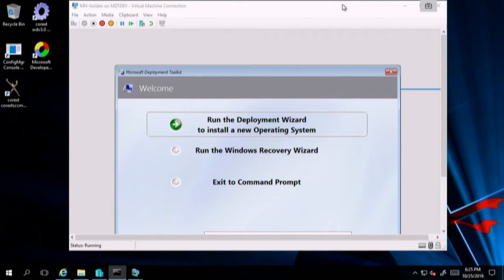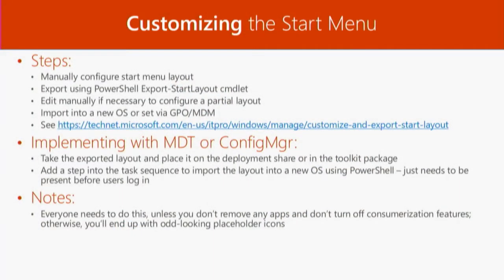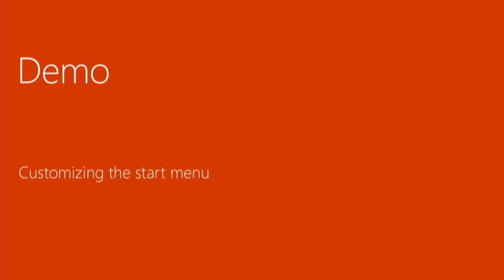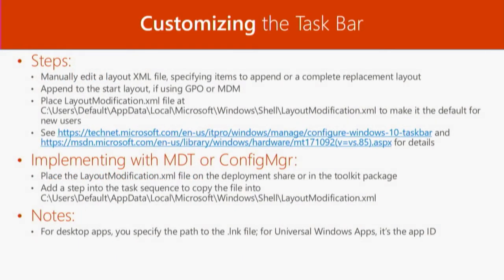But before we actually make use of that, there's one other thing that we want to take a look at because it actually uses the same file. So we go through the steps of manually configuring the layout, we export it, and I never pushed the right button. We can then add that to the task sequence or manually import it into the default user profile, which is then used for the new logons. But the next piece that we want to look at is the taskbar, which is something that we added in Windows 10 1607.